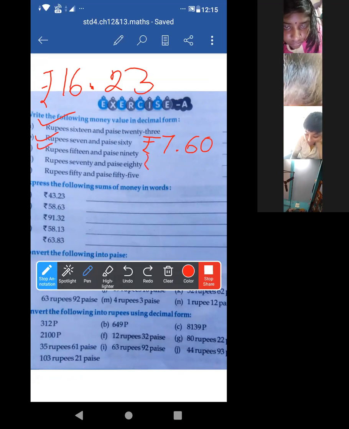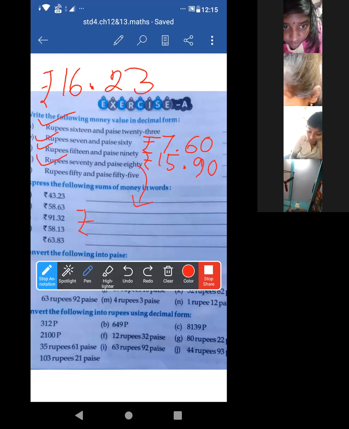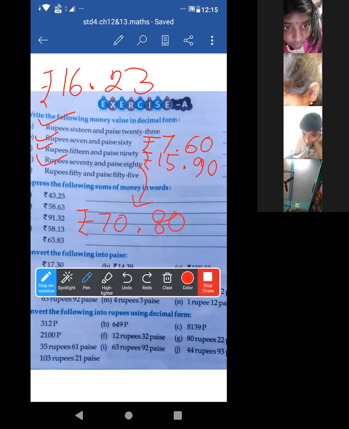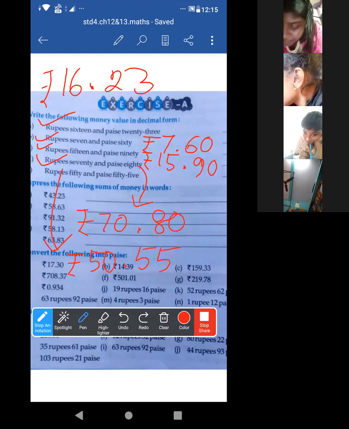Rupees 15 and how many paise? 90. That means 90. Now the fourth one. Rupees 70 paise 80. That means 80. Next the last one. Rupees 50 paise 55. Do this one first.